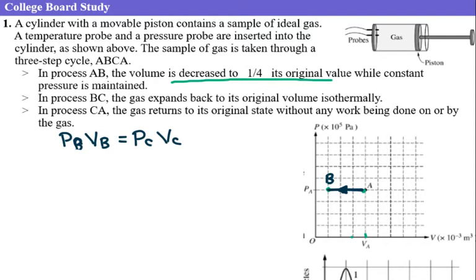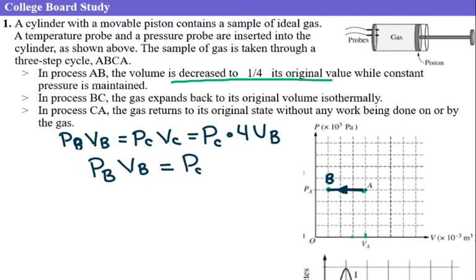Then I also know that VC is the same volume as VA, which is 4 times VB. So I have PC 4 times VB. So PB VB is equal to PC 4 VB. VB and VB cancel, and I see that my PC is 1/4 of PB.